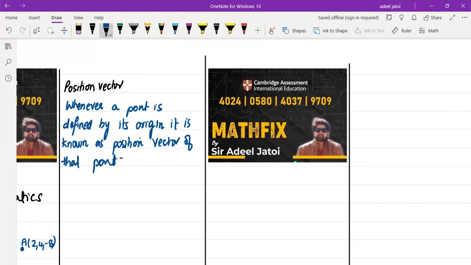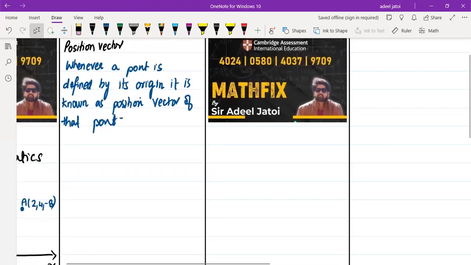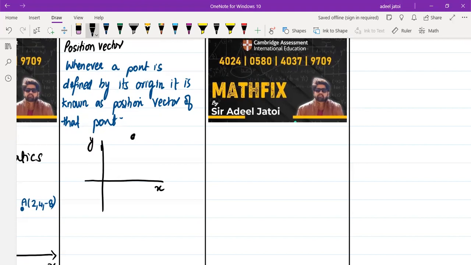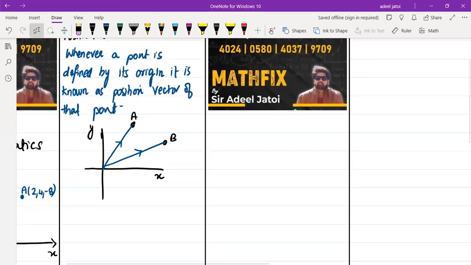In O levels, generally what you did was, let's say this is your x-axis and this is your y-axis. There's one point A and there's another point B. From the origin, there were two lines. The direction will be like this and the direction will be like this. If I want to find the position of AB, that means AO plus OB.